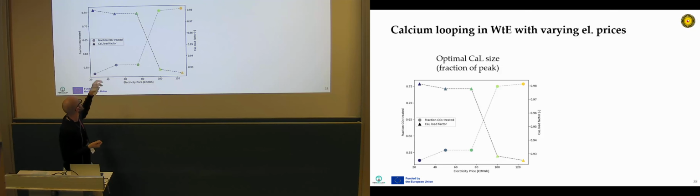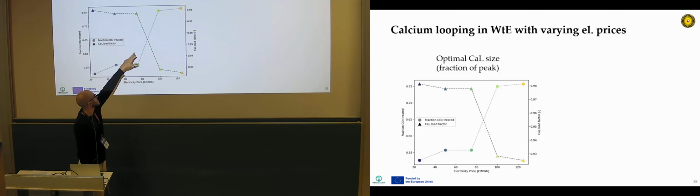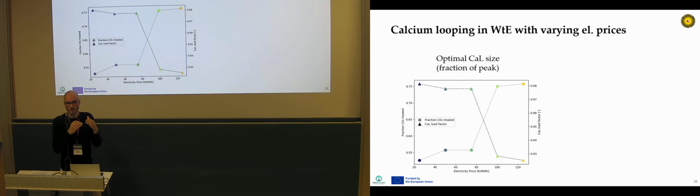And you can see that the moment you increase your size from 55 to 75%, your load factor decreases significantly. It goes from 98% to 93%. And this is because of the emission profile of the waste-to-energy plant. This means that if you want to capture more emissions, it's economical to do it only if you have higher electricity prices.